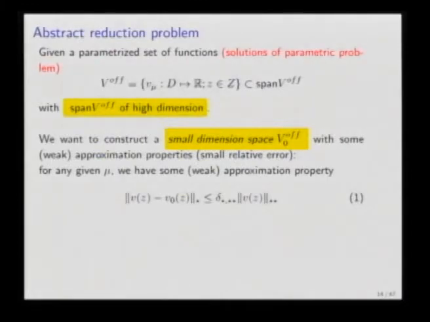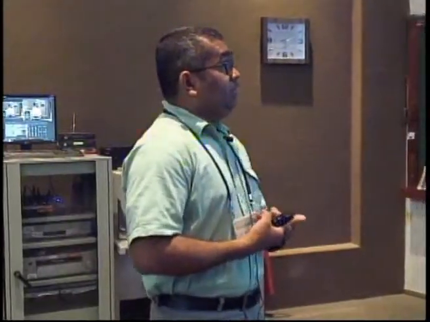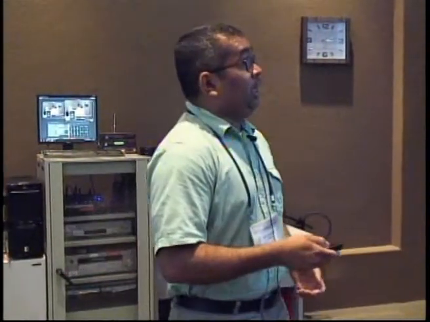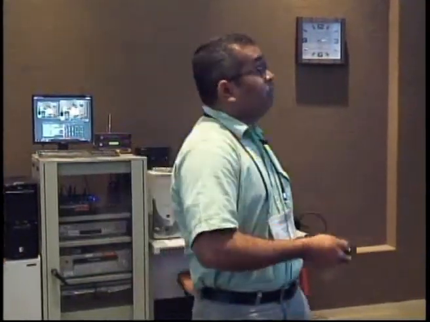So the problem, a little bit abstract at this point, could be this. I have a family of functions, for instance, all possible solutions of my equation, right? And that's a manifold or a space, probably linear. And then I want to reduce it, right? So I have all possible solutions for each value of the parameter.